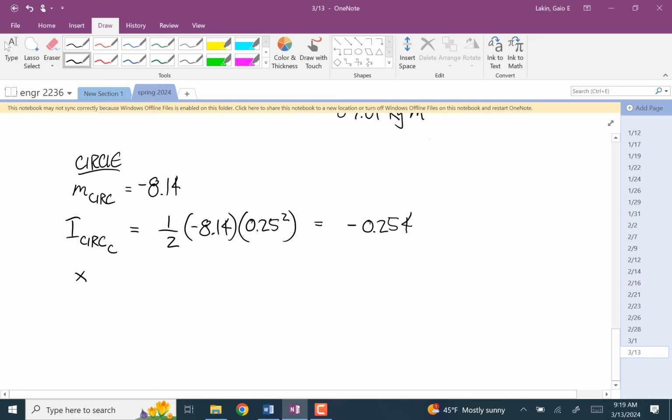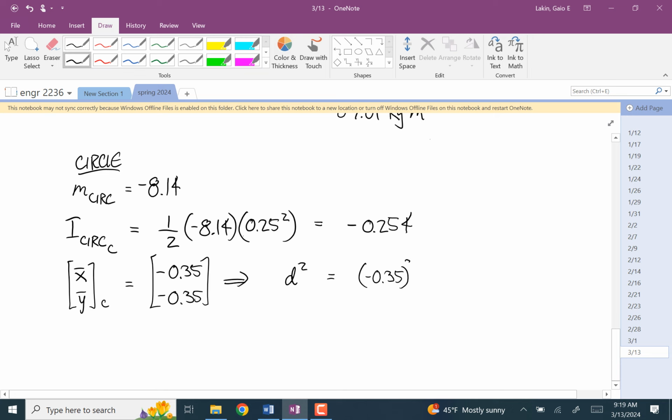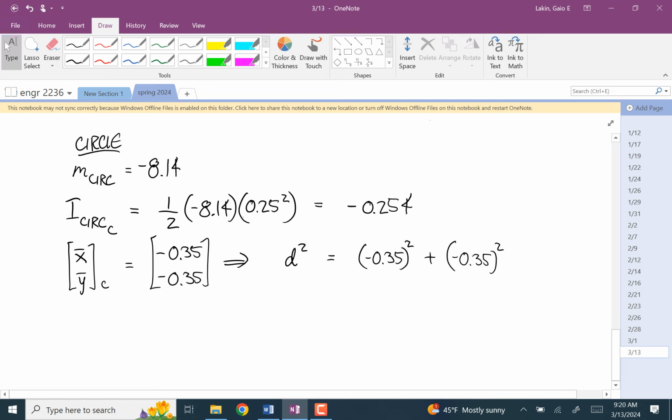The centroid of the circle is negative 0.35, negative 0.35. So for the parallel axis theorem, that distance squared is going to be negative 0.35 squared plus negative 0.35 squared. That's the distance from the center of the circle to the pin.